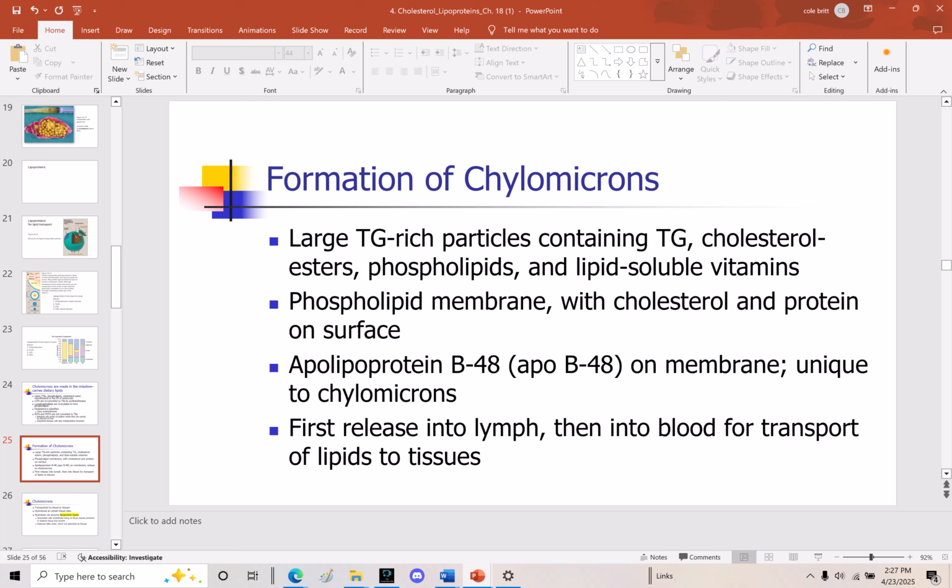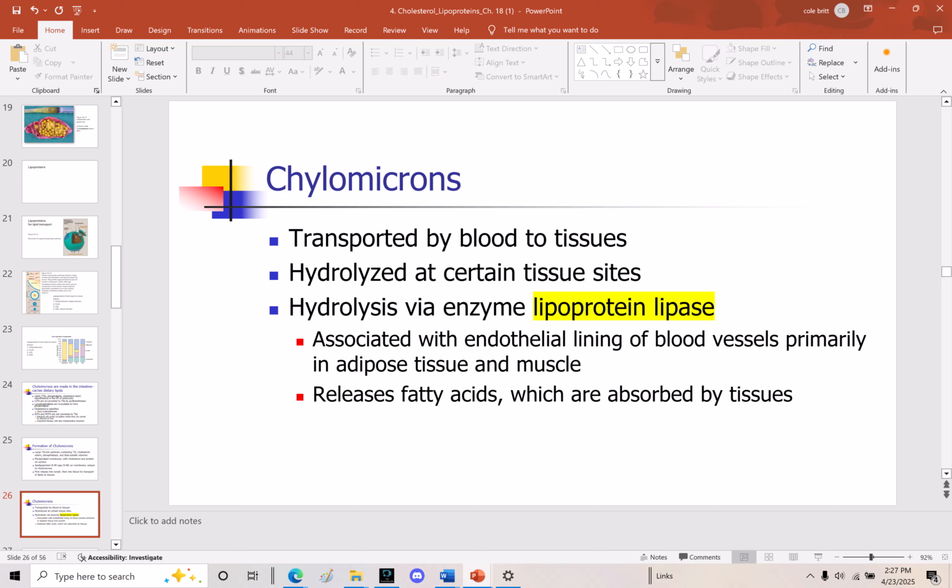So transported by blood to tissues, it is hydrolyzed at certain tissue sites. Hydrolysis occurs via lipoprotein lipase. Remember your hormones. What hormone turns on lipoprotein lipase? Do you make chylomicrons in the fed state or the fasted state? In the fed state. So in the fed state, insulin dominates.